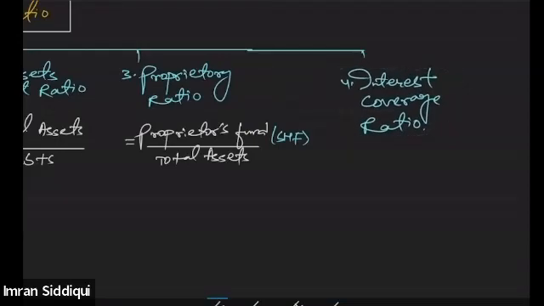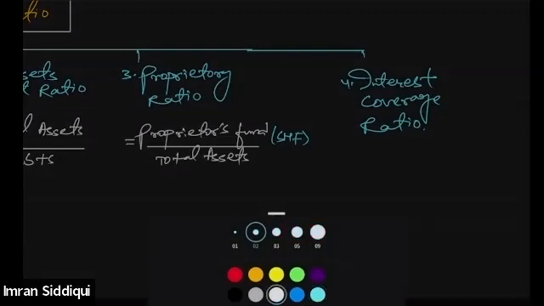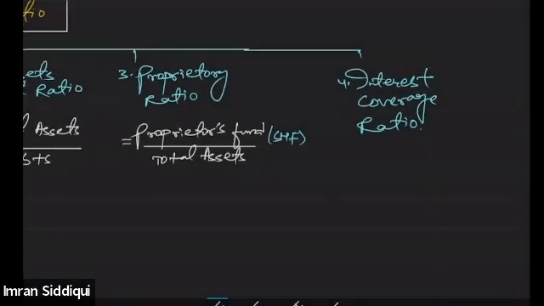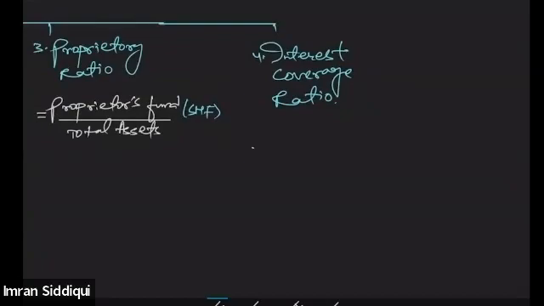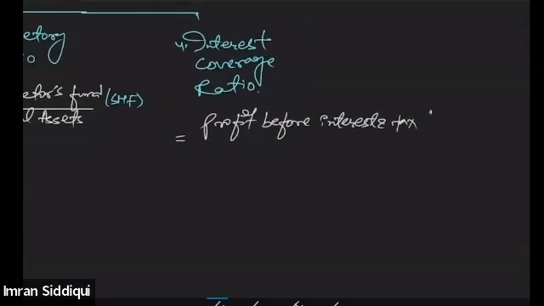And the last ratio is interest coverage ratio. To find out the interest coverage ratio, we take the value of the profit before interest and tax. In short, this is called PBIT. PBIT means profit before interest and tax.